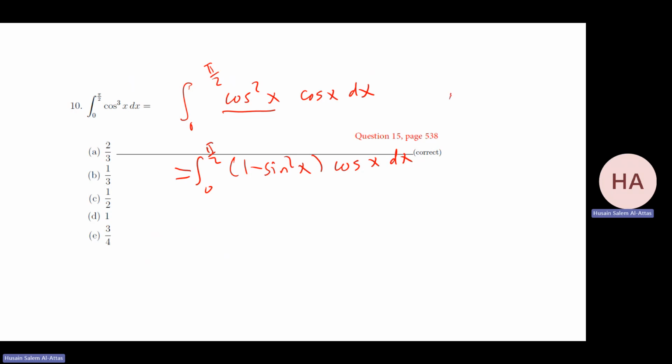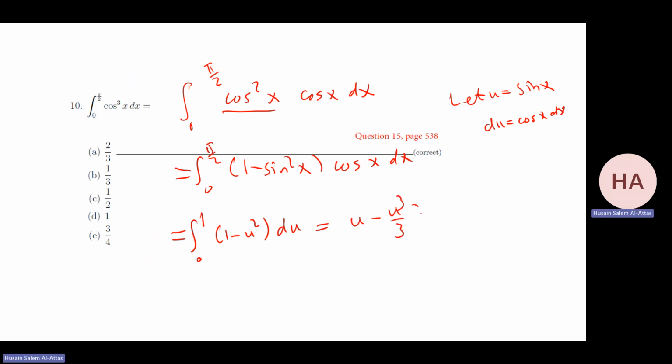So now I let u to be sine x, du will be cosine x dx. I need to be careful here. From 0 to 1, 1 minus u squared du. That gives me u minus u cubed over 3 from 0 to 1. That will be 1 minus 1/3 minus 0. So that will be 2/3.